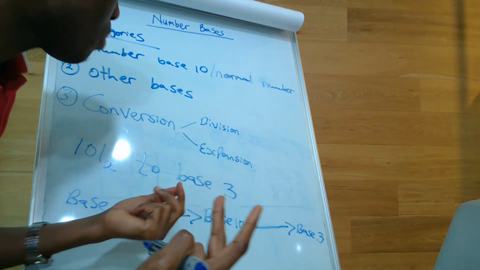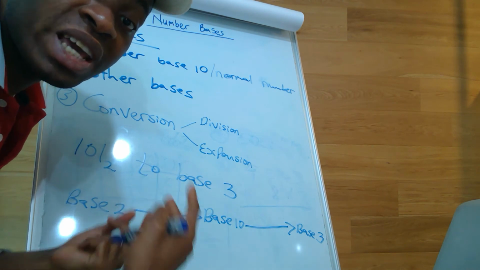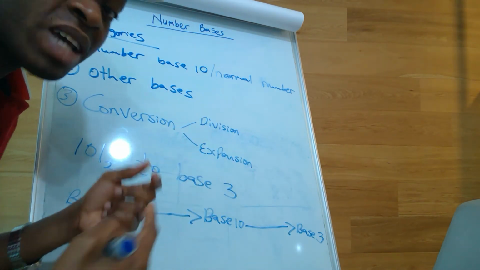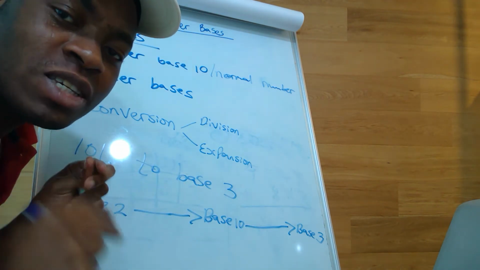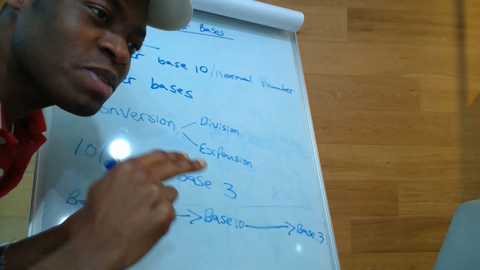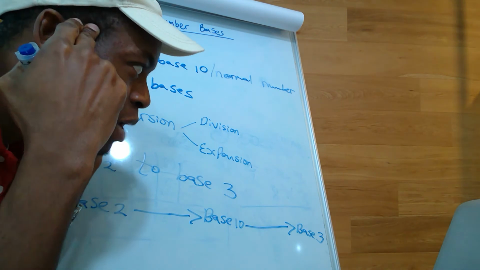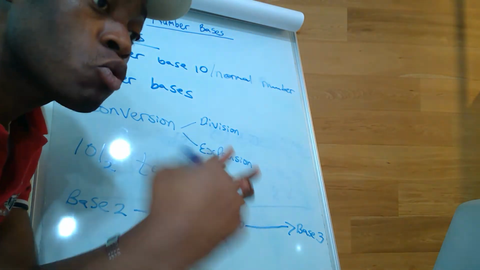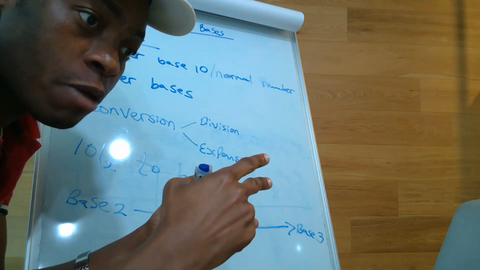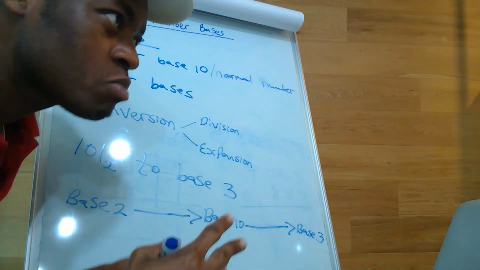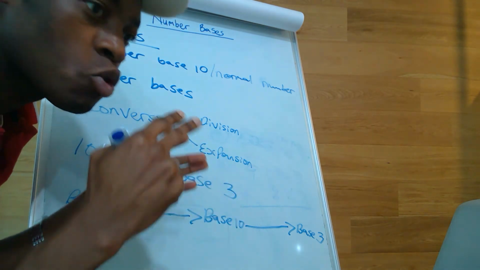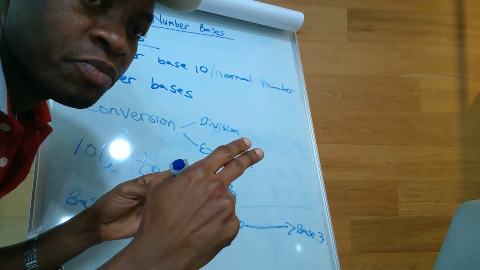For example, the numbers we added in the first example are in base 10. Sometimes they will put the 10 under it, sometimes they will not. So it is your responsibility as a student to know that this number, where they don't put the base, is in base 10. Most of the time they will put the right base there. But sometimes they will want to test your intelligence as a student.